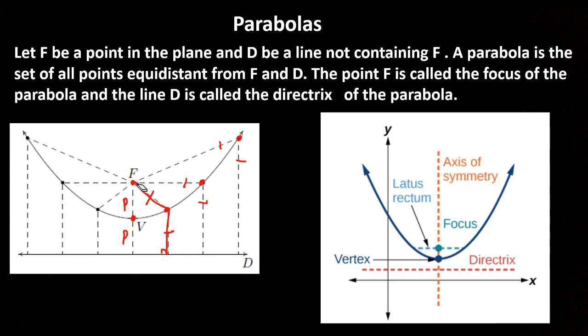And here we don't really have a center. We only have a vertex and a focus and a directrix. So it's a different naming here. Instead of A, B, C's, we just call this distance P, right? And this is called the directrix.